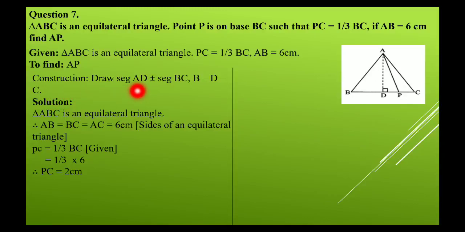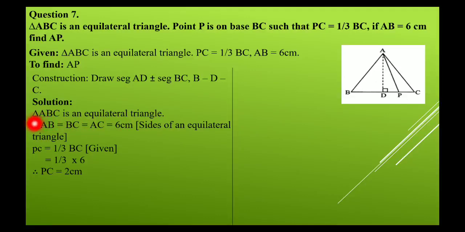Draw segment AD perpendicular to BC. AD is perpendicular to BC. B, D, C are collinear.